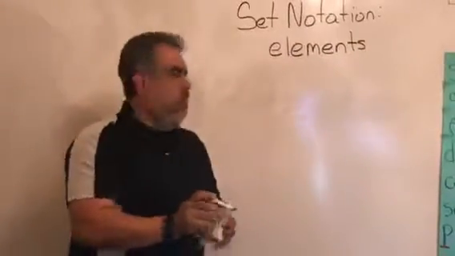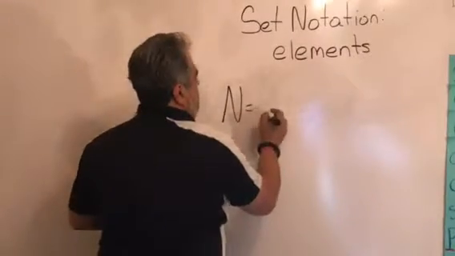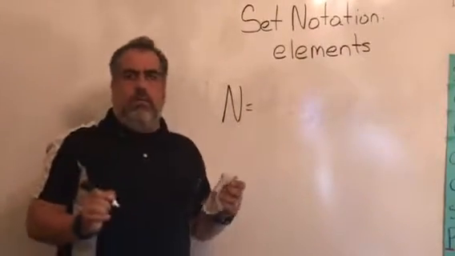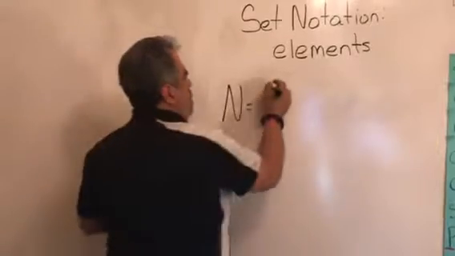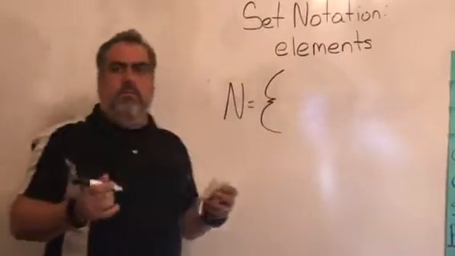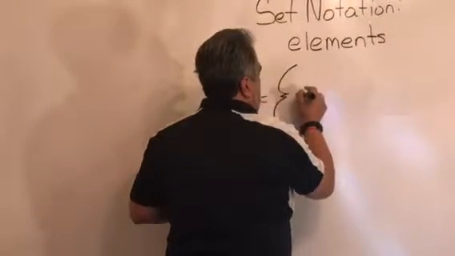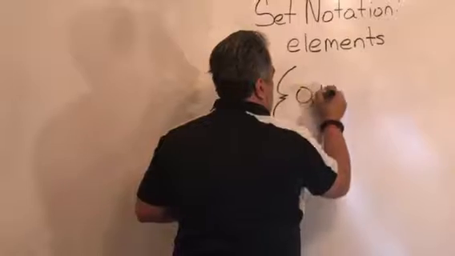Okay, one more. Let's say we use the letter N to denote all numbers less than 10. So we're going to put our braces. And what are all the numbers less than 10? Can anybody tell me? We're going to say 0, 1, 2, 3, 4, 5.